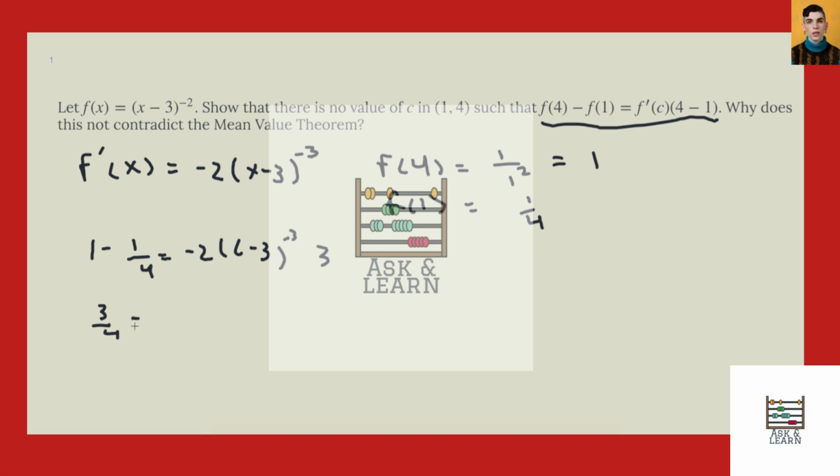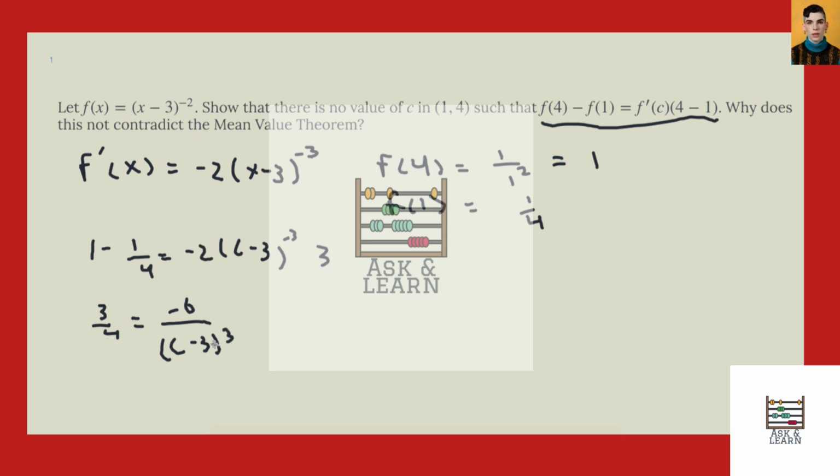And then negative 2 times 3 is negative 6. And recall that any base raised to a negative power can be written underneath as a fraction. So this will come down to the denominator, so c minus 3 raised to the positive third power now.